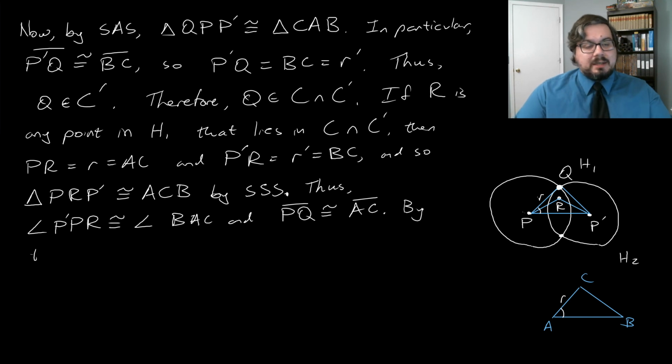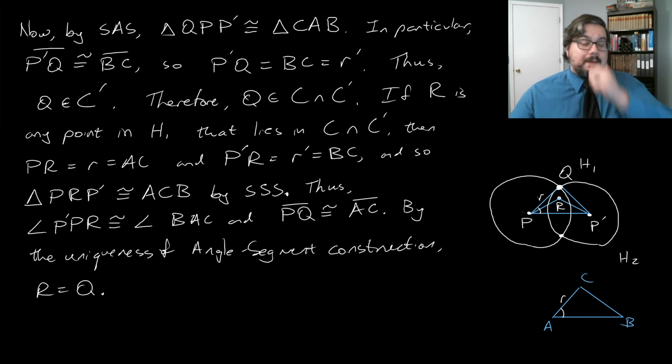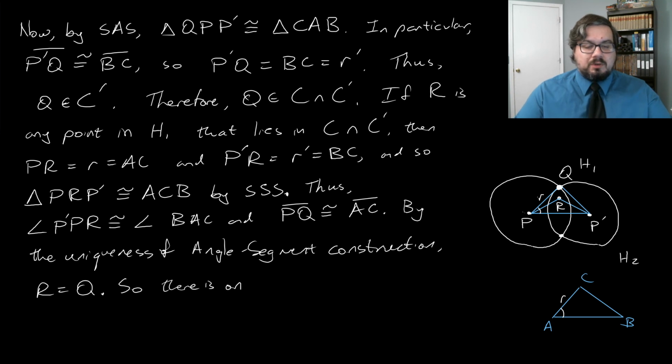But by the uniqueness of angle segment construction, this means that R actually has to equal Q. This means that there is only one point in the intersection of the two circles in H1. So there is only one point in H1 and in C and in C prime.